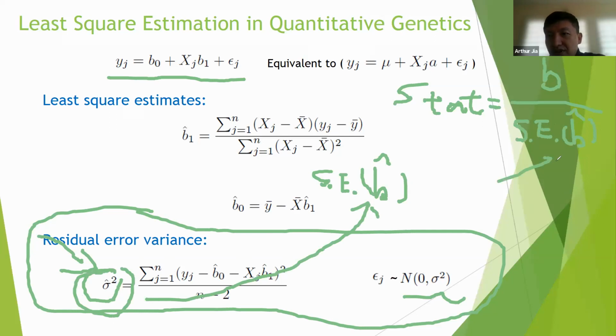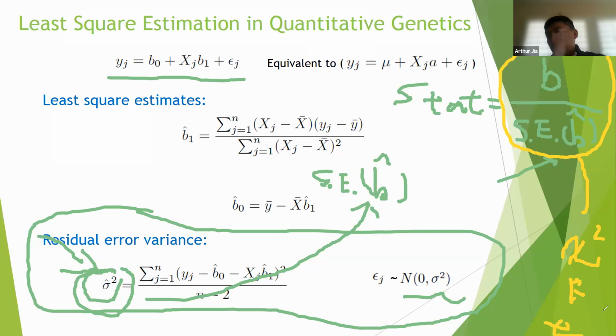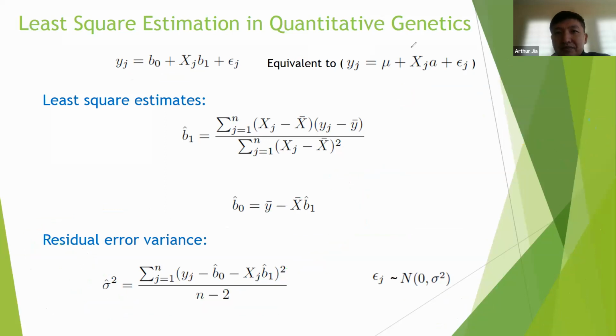Once we have this and this, we can easily construct a ratio to form a test statistic, either chi-square or F-test or t-test, to help us make a conclusion. So any questions here? Okay, very good.